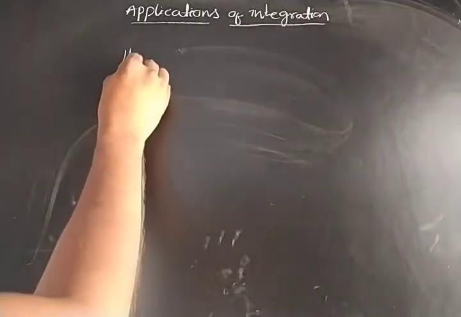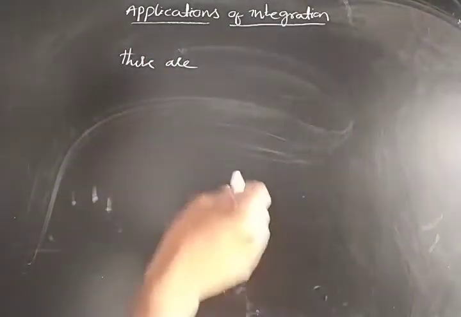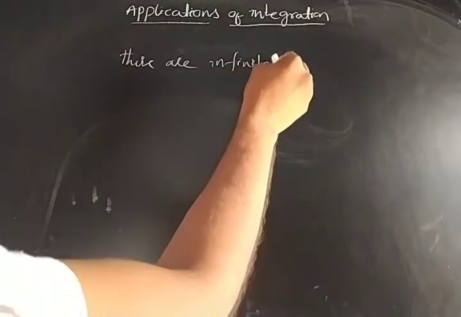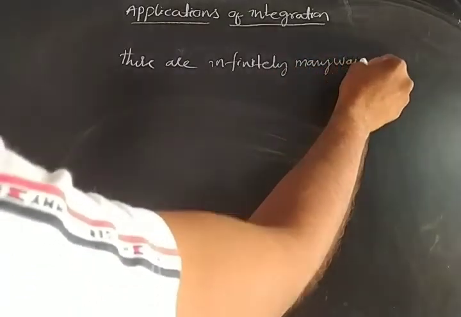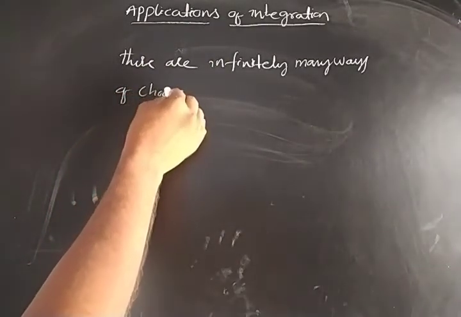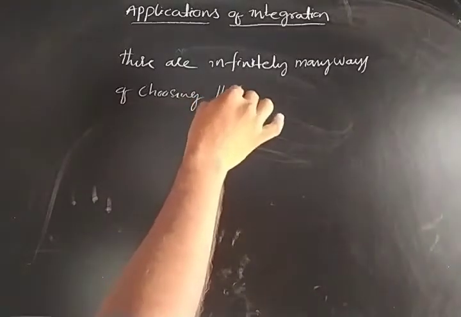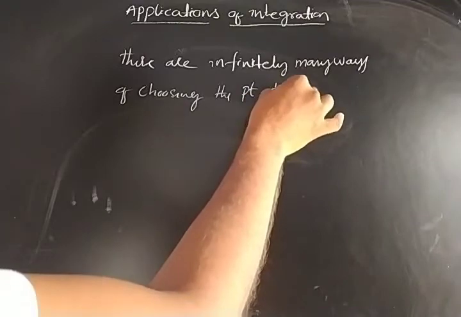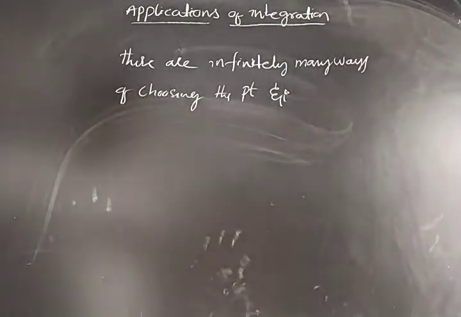First of all, you write there are infinitely many ways of choosing the point zeta i. So depending on the selection of the number zeta i, we have three definitions.